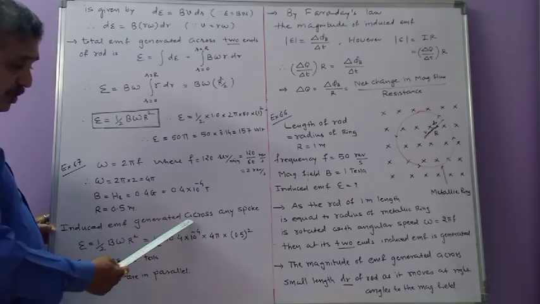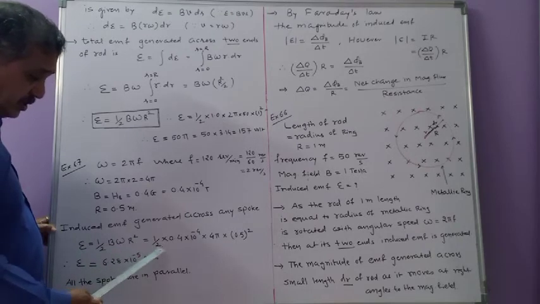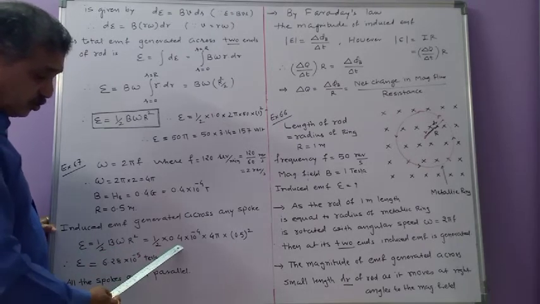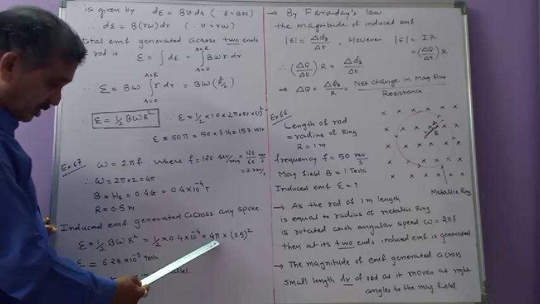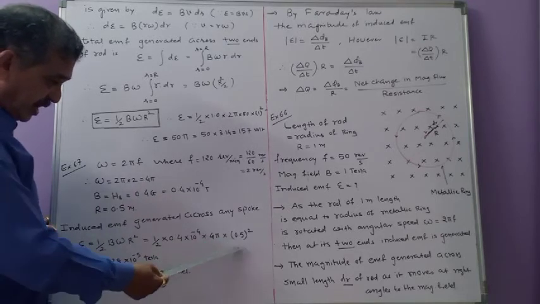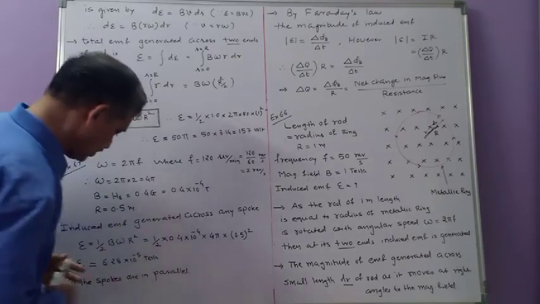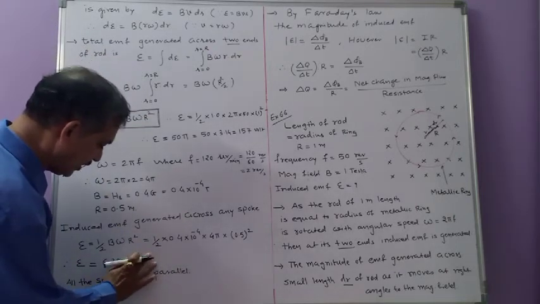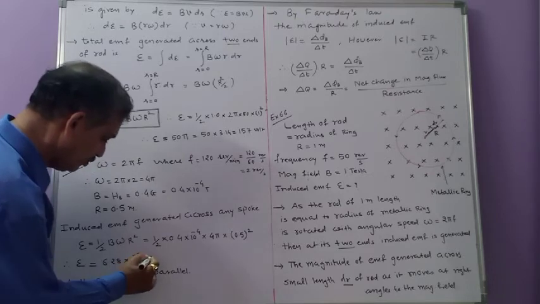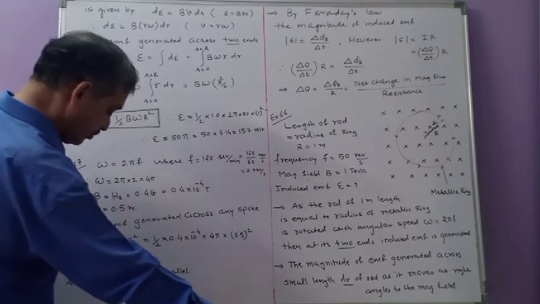So induced EMF generated across any spoke is equal to 1 half B omega r square. तो 1 half B की वैल्यू 0.4 into 10 raised to minus 4, यहाँ पे फिर ओमेगा की वैल्यू 4 पाई, और r स्क्वायर, तो r कितना है 0.5 का स्क्वायर, you get it, the answer is 6.28 into 10 raised to minus 5 volt, not Tesla.